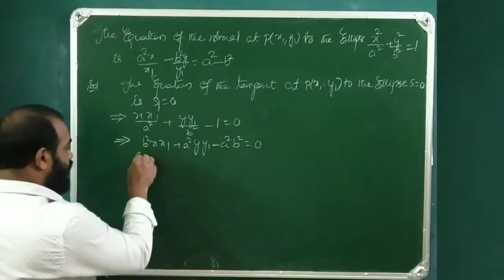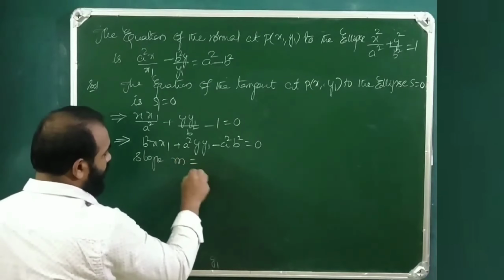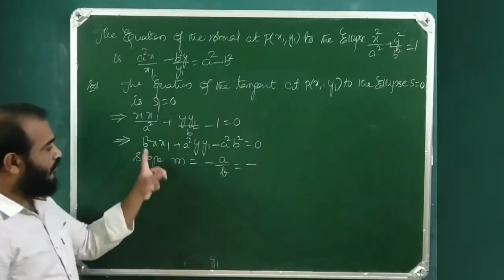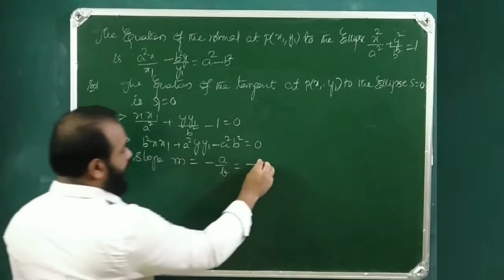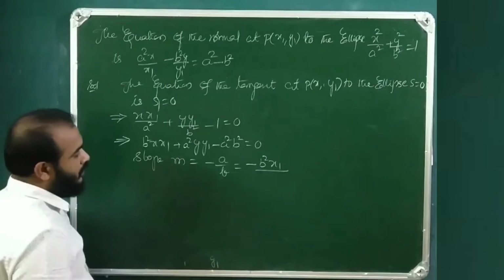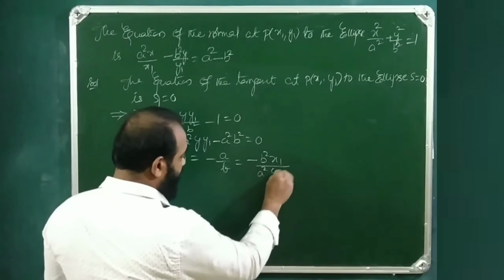So this is what we have obtained. Now the slope m equals minus coefficient of x by coefficient of y. What is the coefficient of x? b square x1, and the coefficient of y is a square y1.